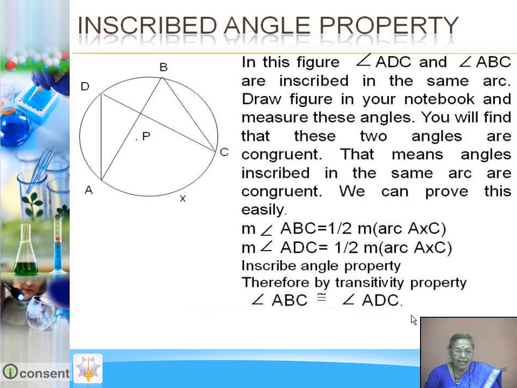Similarly, angle ABC is also equal to 1/2 major arc AXC. Now look at the right hand side of the equation. The right hand side of both the equations is same, and by transitivity property the left hand side also is same, and therefore angle ADC is equal to angle ABC. That is why angles inscribed in the same arc are congruent.